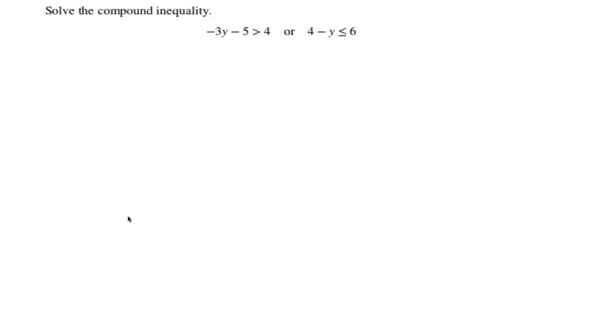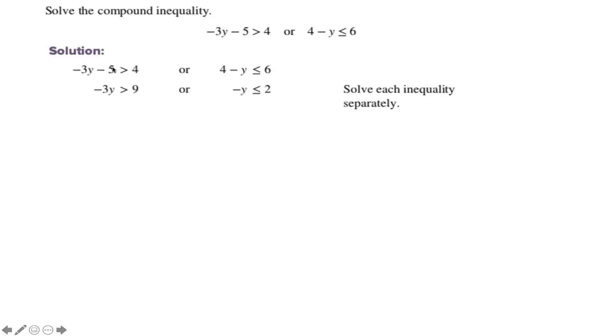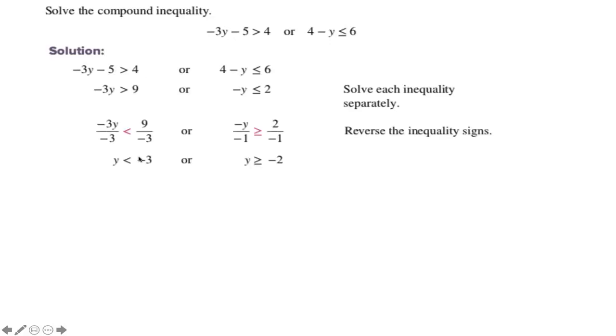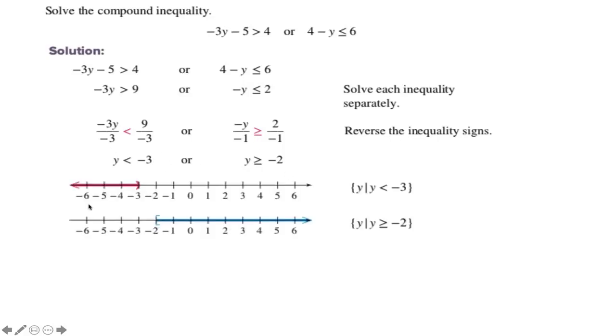Okay, this is an OR. So for an OR, you definitely need to do these separately and then combine them at the end. So add 5, divide by negative 3 on the left. Remember to switch the inequality. Subtract 4, then divide by negative 1. Remember to switch the inequality. So I'm less than negative 3 or bigger than or equal to negative 2. So here's the picture, either on this set or this set.